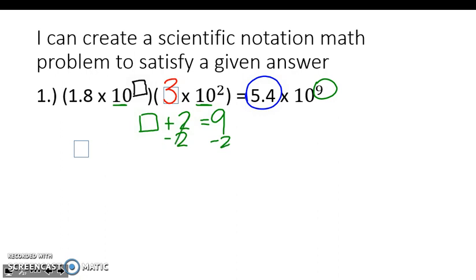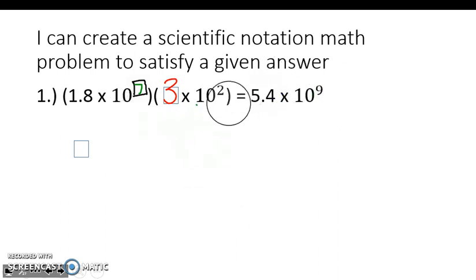Well, you can solve it like an equation, or hopefully you know that 9 minus 2 would give us 7. So it's pretty easy to go back through and fill in those missing pieces there. So the exponent would have been a 7, and the leading coefficient that we were missing would have been a 3.